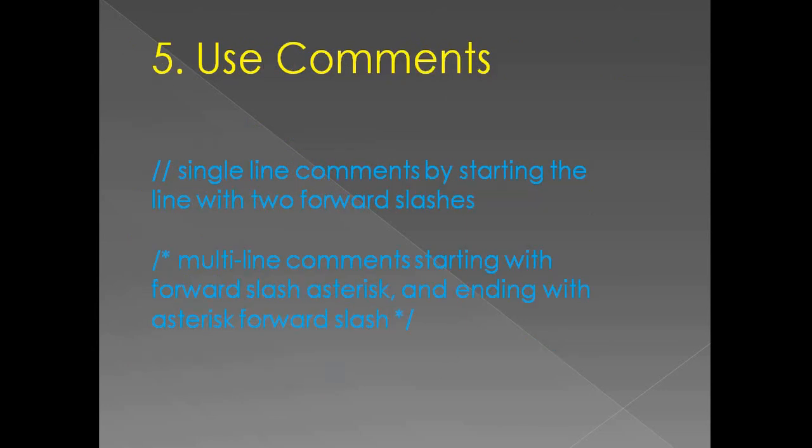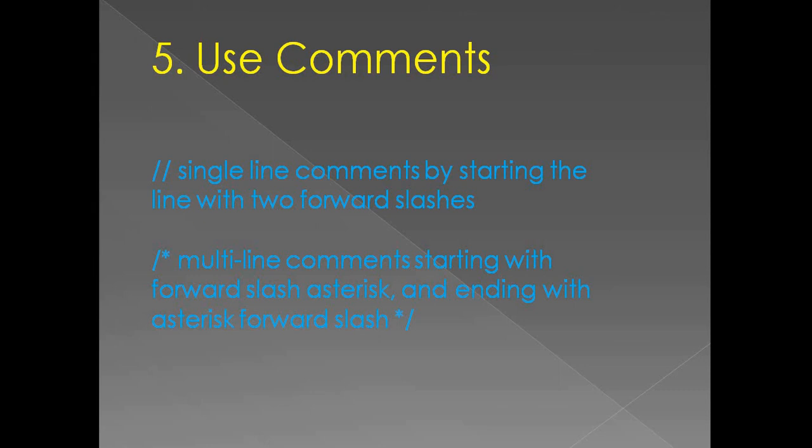Next we have rule number 5. Use comments liberally. Comments are strings of text in your code that are ignored by the browser. They are for you to leave notes to yourself and others about your code.